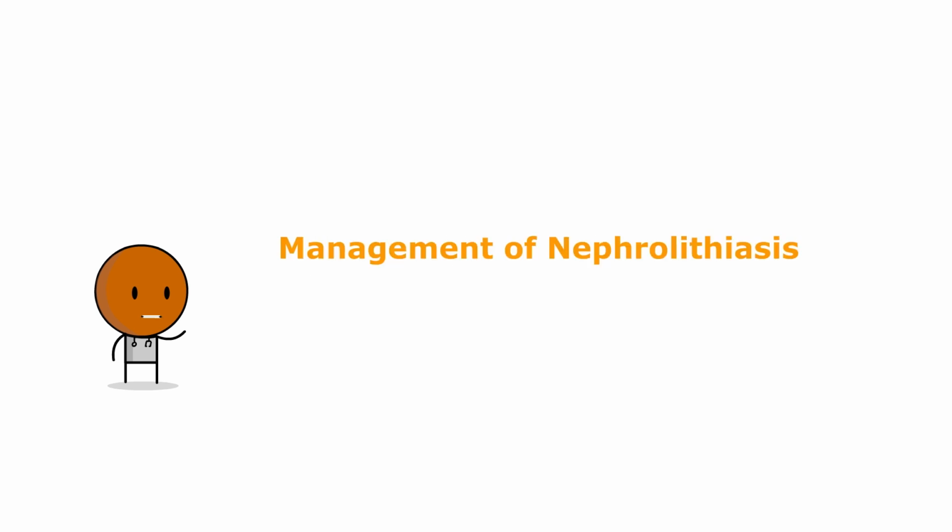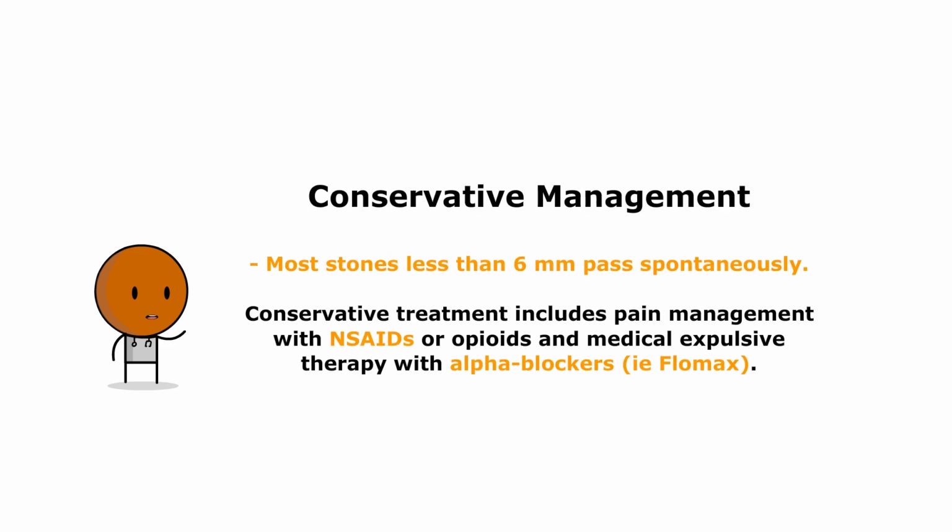The management of kidney stones depends on their size, composition, and whether they are causing obstruction or infection. Conservative management: most stones less than 6 millimeters pass spontaneously. Conservative treatment includes pain management with NSAIDs or opioids, but primarily NSAIDs, and medical expulsive therapy with alpha blockers.